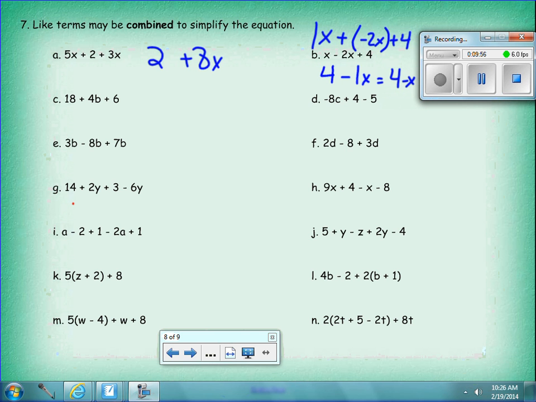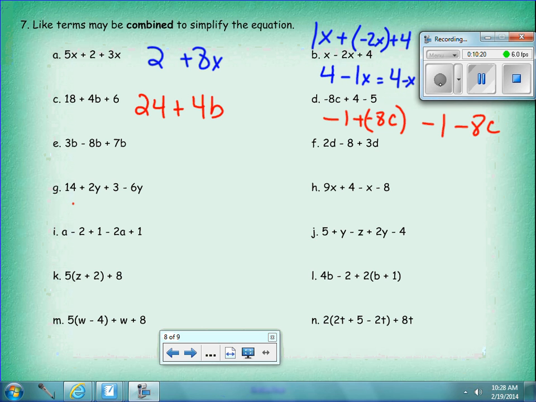So we changed x minus 2x plus 4 to x plus negative 2x plus 4. I put the constant first. Then I had 1x plus negative 2x, which equals negative 1x, and you simplify that to be 4 minus x.